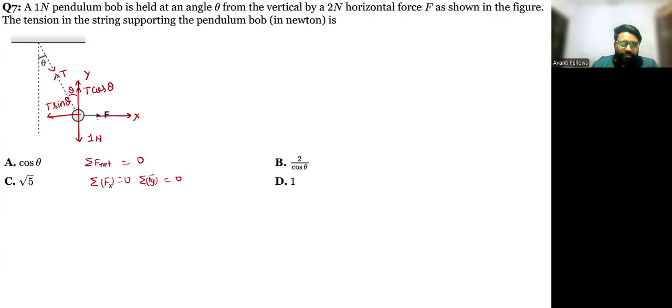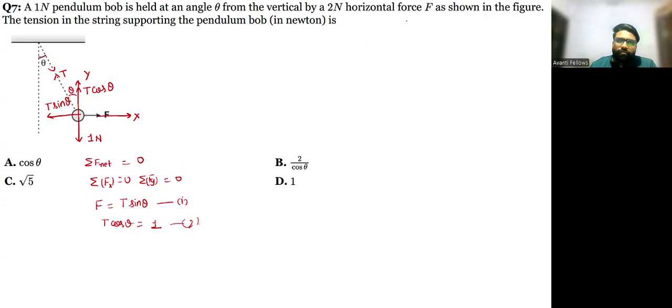Now in the x direction, the force F is equal to T sin theta. There are no other forces acting here. So F is equal to T sin theta. Now T cos theta equals 1. This is equation number 2.